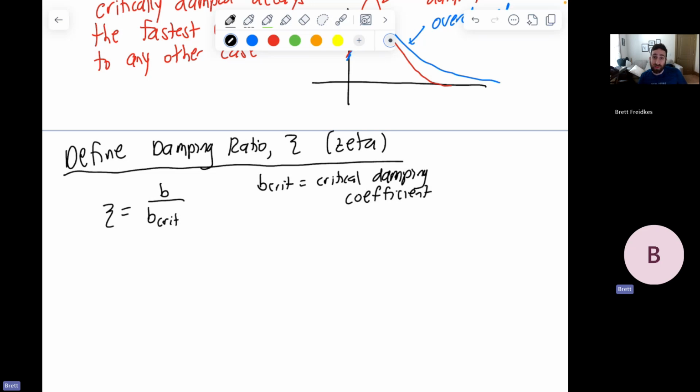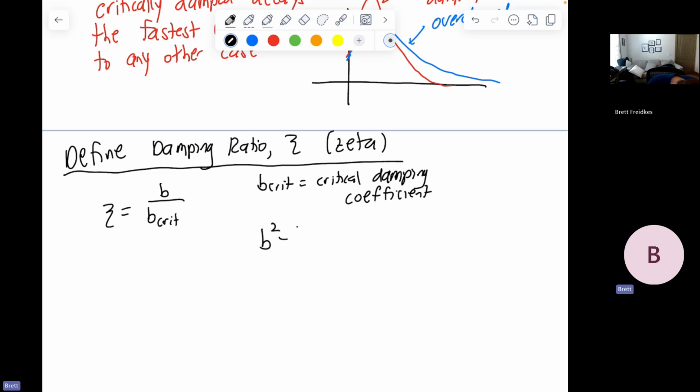The reference point we're going to use is the critically damped case, when the discriminant is 0. For overdamped, there are an infinite number of possibilities as long as the discriminant is positive. Similarly, if it's underdamped, there's an infinite amount of negative numbers it can be. But there is only one situation where the system is critically damped. So we define that as our reference, the thing we compare the damping coefficient to.